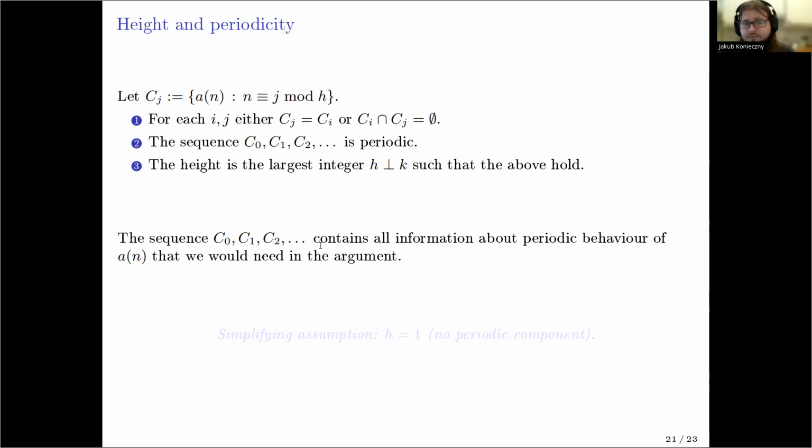And we can use this to extract the periodic component of A. And in fact, for the purposes of exposition, having done this explanation, I'm going to assume that the height is 1, so we don't have to worry about the periodic component.